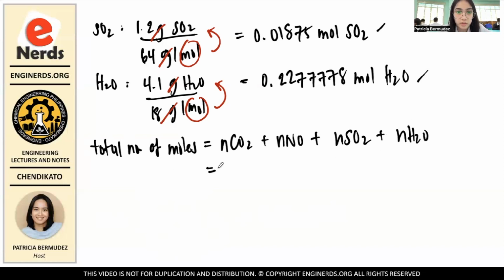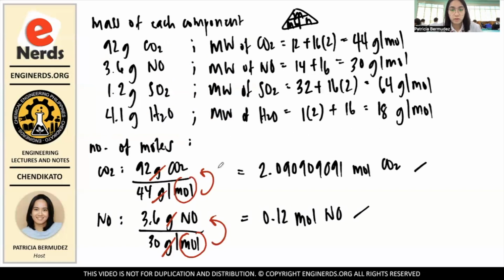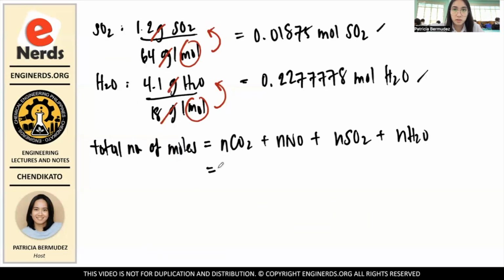And how much is that? We have 2.09090991 plus 0.12 plus 0.0187 plus 0.2277778. So we have 2.45747436891 moles total. So that is the total number of moles.